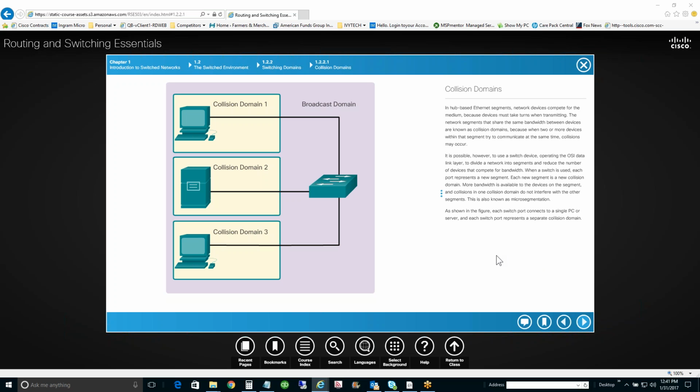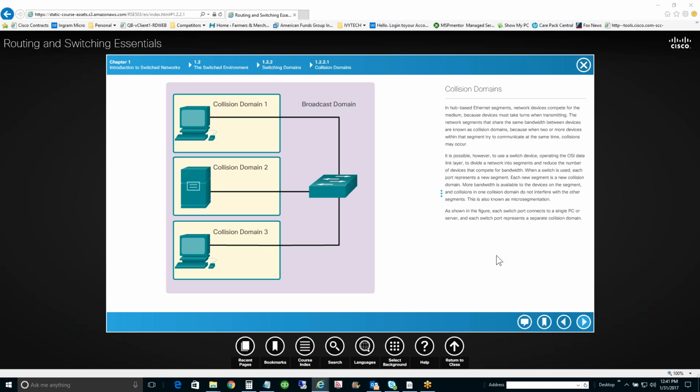And so frames often collided with each other, causing network interference, or network noise, if you will, and a lot of retransmission of frames, and it was very inefficient and very slow. So when switches came along, it basically eliminated, in reality, the collision domain.